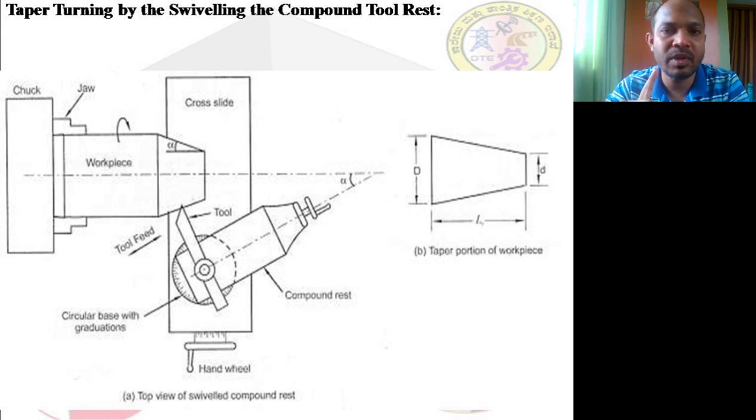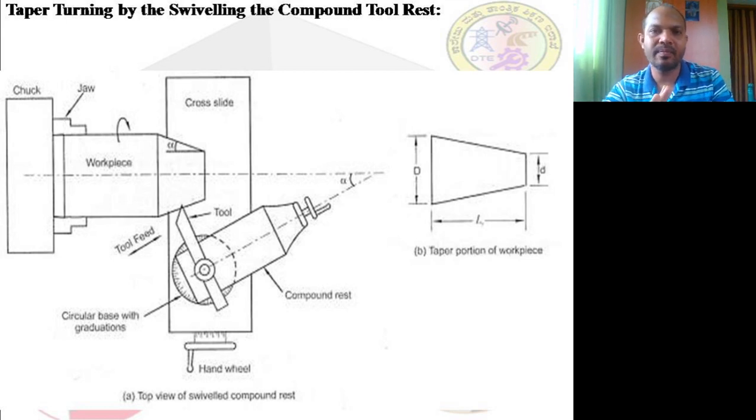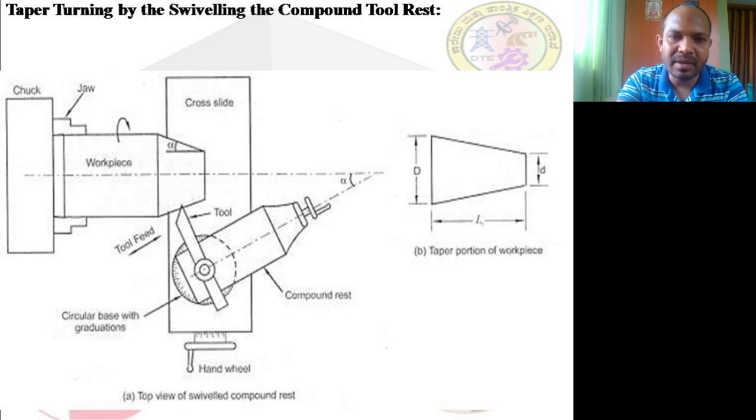Whatever tool we use for turning, the same tool will be used over here. Is it clear? After it has been set with an angle of alpha, we will tilt it and we will fix it. How we calculate that alpha is a different issue that I'll show you.